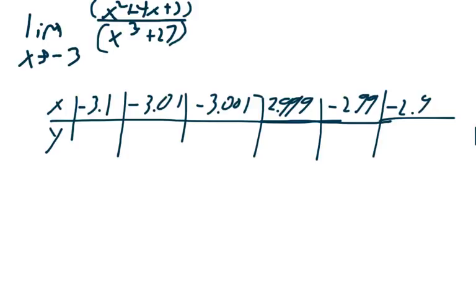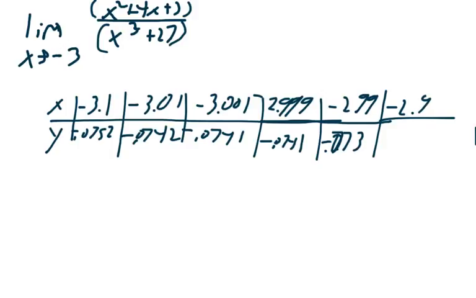So when I plug in -3.1, I got -0.0752, -0.0742, and -0.0741, -0.0741, -0.0739, and finally -0.0728.